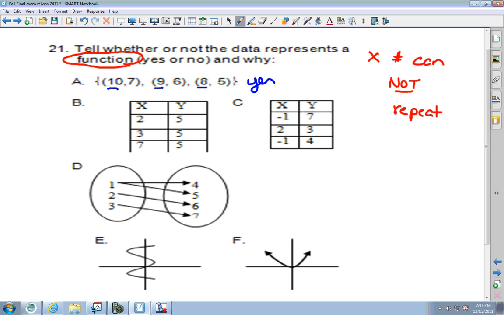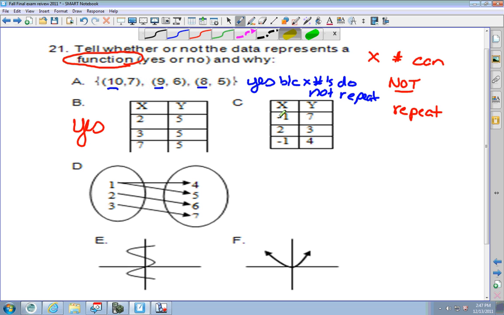Yes, because the X numbers do not repeat. Okay, well let's look at letter B. 2, 3, and 7. Yes, same thing because the X numbers do not repeat.